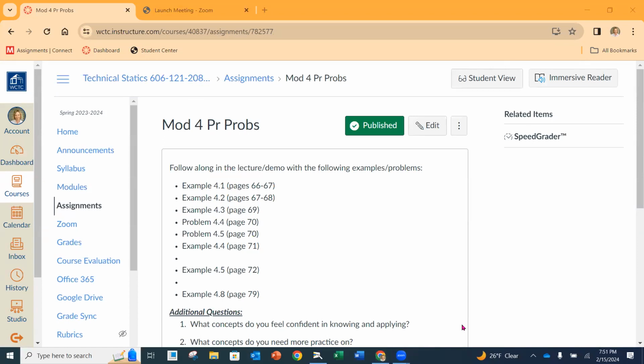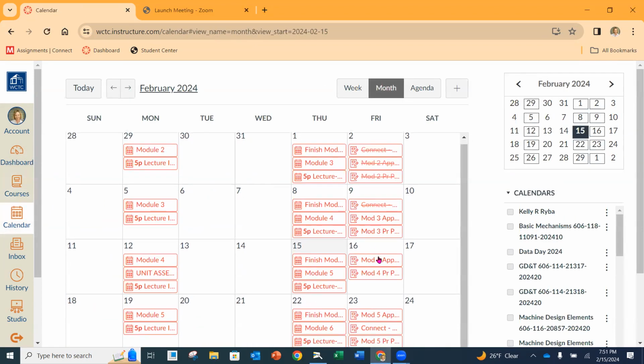What is the due date for our homework? All right, yeah, because I know I talked in the beginning about possibly changing it, depending on how far we got tonight. So lucky thing we got through everything. Let's go look at our calendar. You'll notice that our module 4 homework application problems and practice problems are set to be due tomorrow.